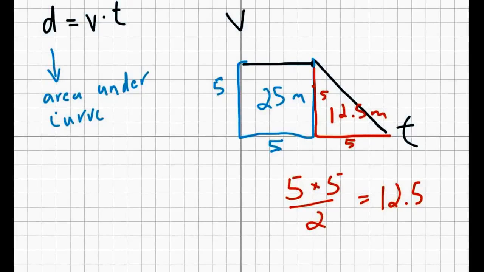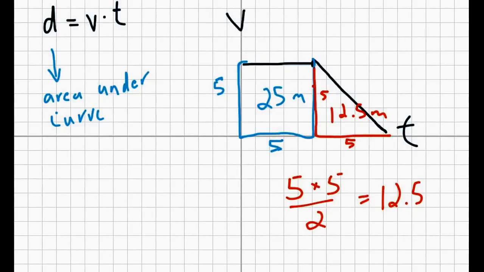You only have to be careful that if it's triangles, make sure you cut that answer in half. The reason is that even though we started at a speed of 5, we went down to 0. So if we average those out, we'd have an average of 2.5 meters per second over the 5 seconds. Velocity times time, 5 times 2.5, gives us the 12.5 meters.